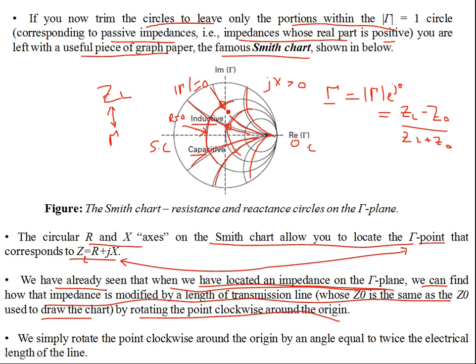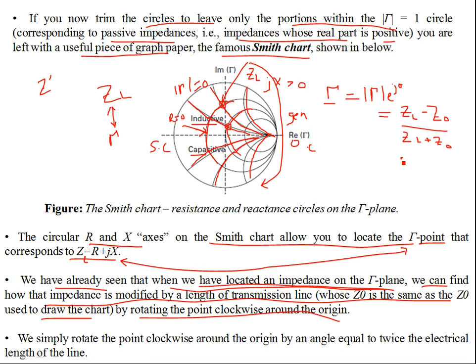Let's call this point the load impedance, to explain how to transform it and find Z prime. You rotate clockwise, towards the generator side, which means you are going down the line.